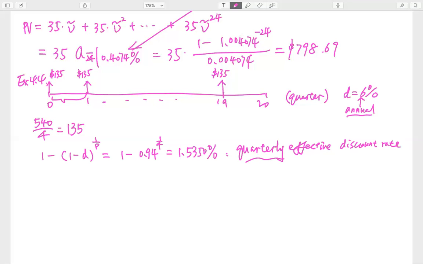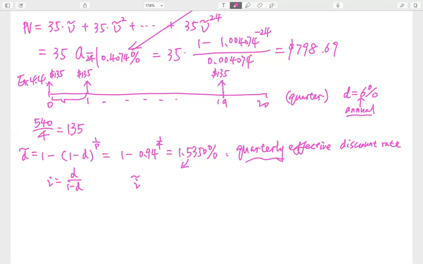Let's do one more step to convert this to the corresponding interest rate, right? So the relation between I and D is I equals D divided by 1 minus D. So plug this in for D, because we really need new notation for this. Let's call this I tilde, and let's call this D tilde.